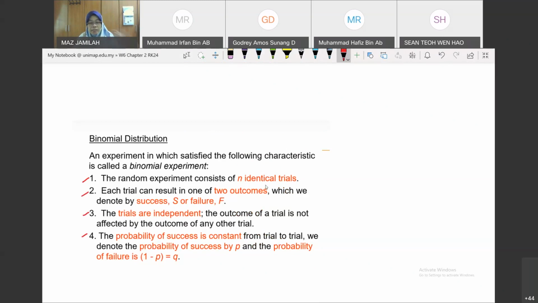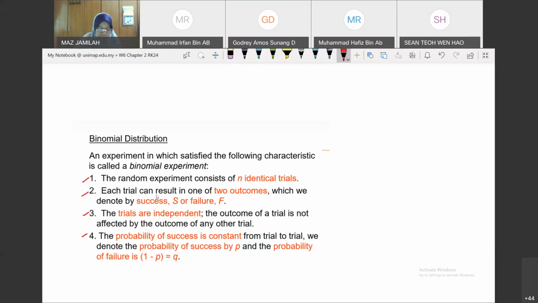If you are talking about flipping a coin, there will be 10 flips of a coin, for example, or answering true false questions. When we say identical trial, it means that the outcome will result in the two outcomes. So the trial will lead you to the same outcomes, two outcomes only.